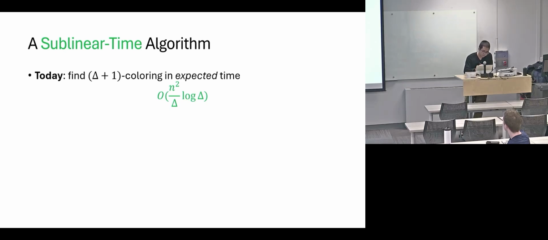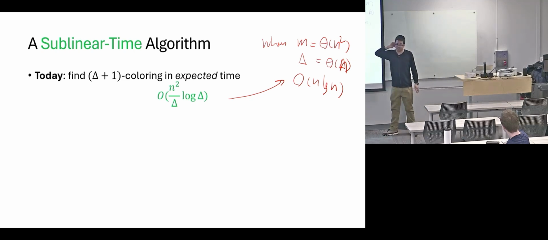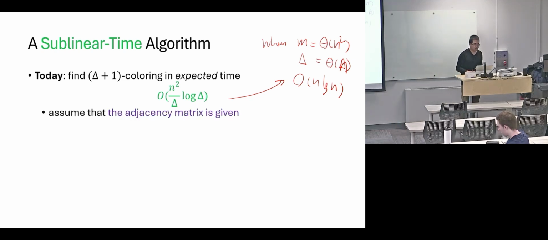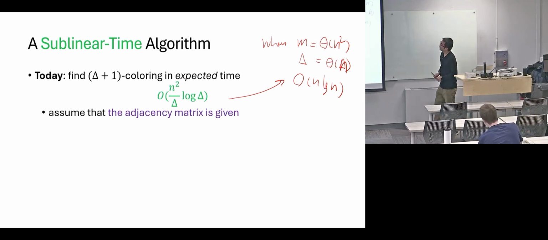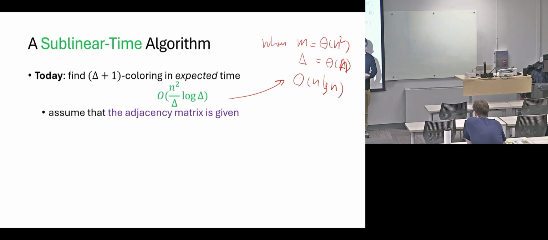Like when m is, let's say, order of n squared, so delta is order of n, then this is just n log n, which is much smaller than the number of edges in the graph. So it means that you don't even need to read the whole graph. But I will need to assume one thing, that the adjacency matrix of the graph is given to me.